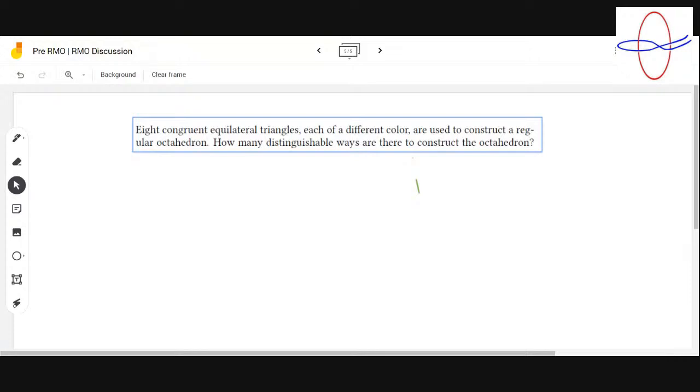So, Sujil, the only way to prepare for PRMO is to solve problems. It's like asking how to not stay hungry. The only way to not stay hungry is to eat food.